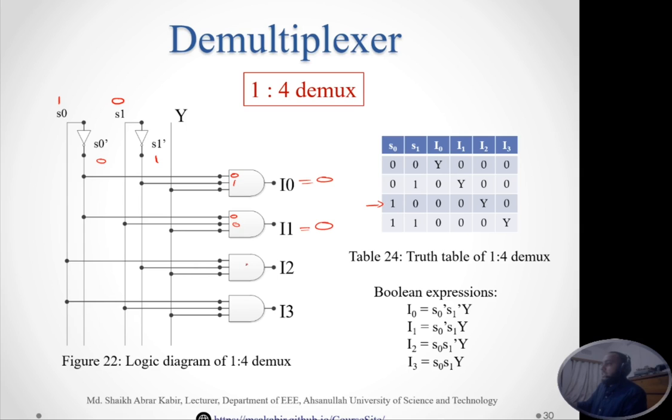For the third AND gate, our inputs are 1 1, so I2 will depend on y, because the other input is y here. For the fourth AND gate, our inputs are 1 0, so we will get 0 here. So for this pattern, we will get y only at I2, and in the other positions we will get zeros.